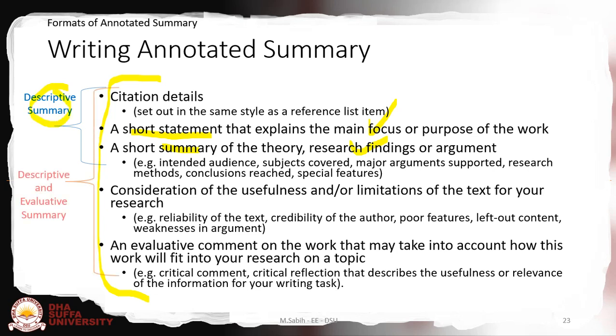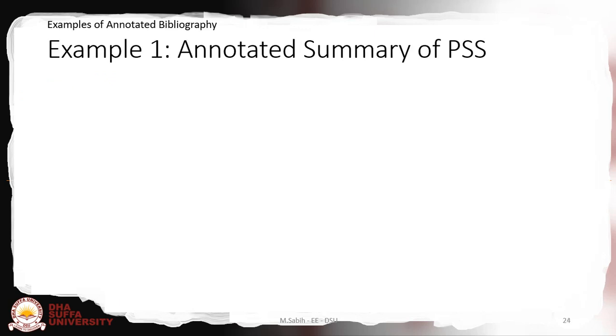But if you also evaluate, for example, consideration of the usefulness or the limitations of the text, then you are trying to evaluate. When you make an evaluative comment, this becomes a descriptive plus evaluative summary. So an annotated summary can be comprised of the first three steps, or it may be comprised of all 5 steps, in which you also evaluate. You critically comment on it, and so on.